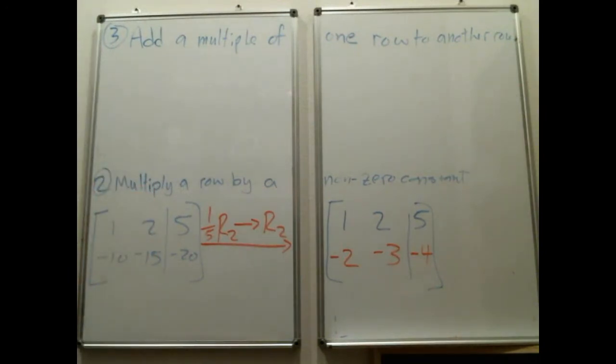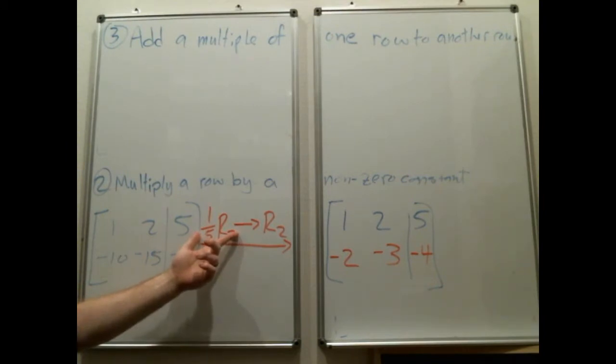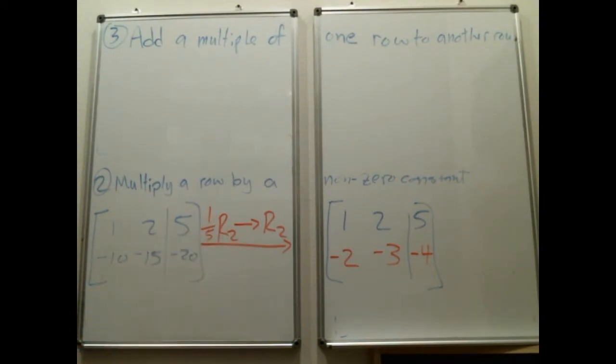Add a multiple of one row to another row. And this is just an extension of part 2. So now we can multiply a row by any non-zero constant, and then we can add another row to it, giving us another new row. And let me show you what I mean exactly.